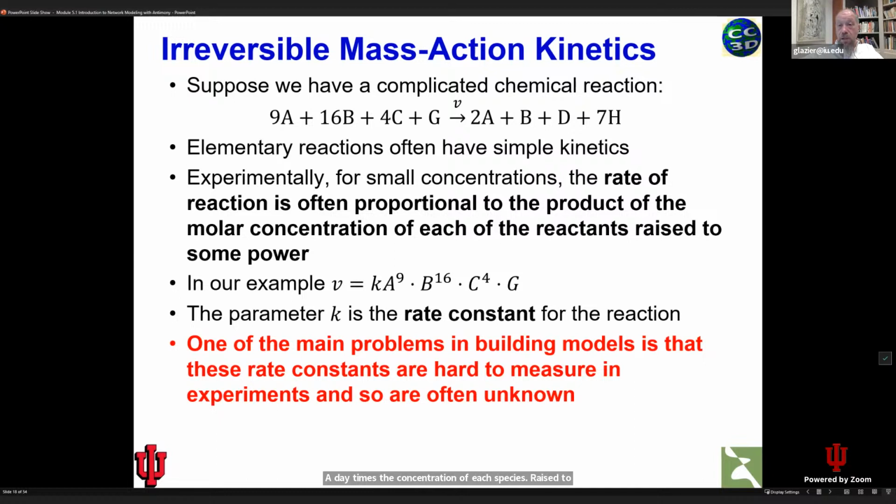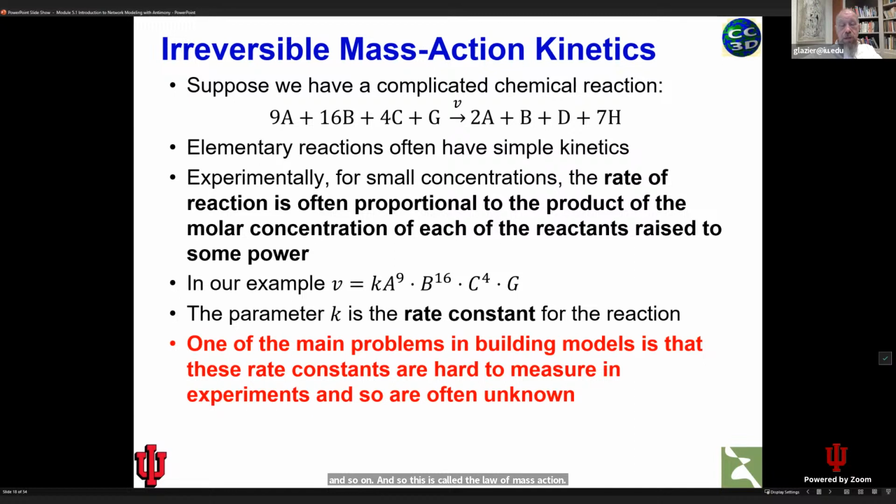So if I need 9 molecules of A, then the rate will go like A to the 9th. Whereas if the concentration of A is low, it doesn't happen. It increases very rapidly as I increase the concentration of A. If I really need 16 molecules of B all to be in the same place, then the rate of reaction goes like B to the 16th, and so on. And so this is called the law of mass action.